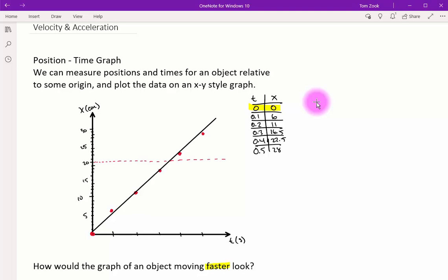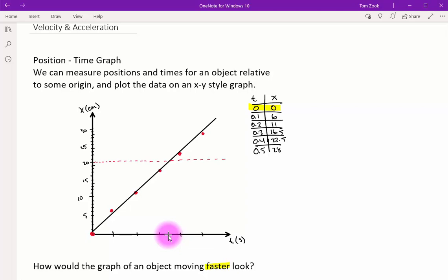So I've got a little dotted line there, pretty straight across. If I read my best fit line for my graph, 20 centimeters should be somewhere around 0.33, 0.34. We can interpolate data to figure out what time the ball that was rolling should have taken to travel 20 centimeters.